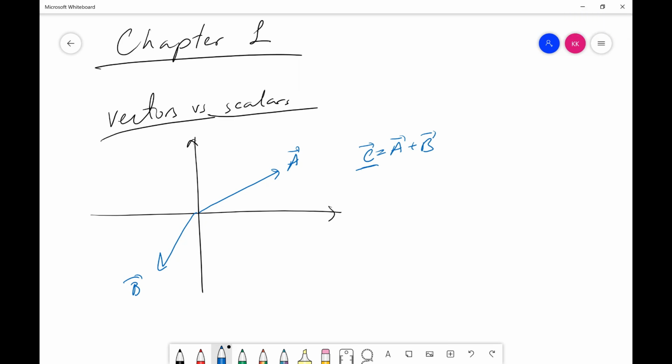Exactly. Remember, the graphical method is actually a very useful way of predicting your result. For example, since both of them are connected at their tails, I can construct a parallelogram and then draw the resultant.